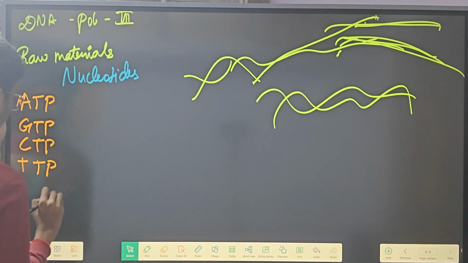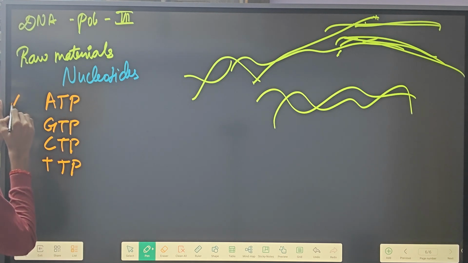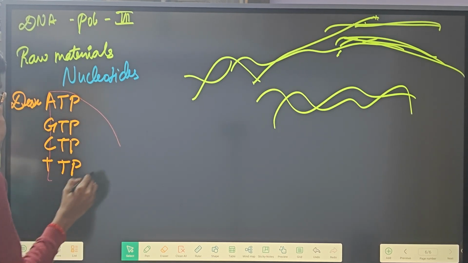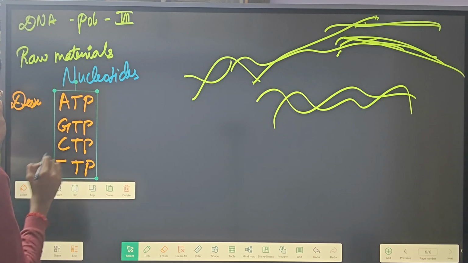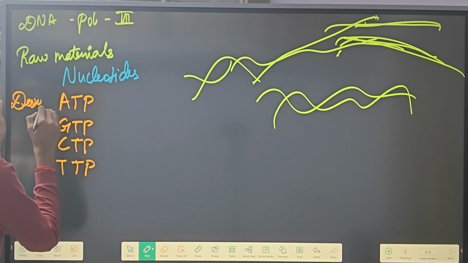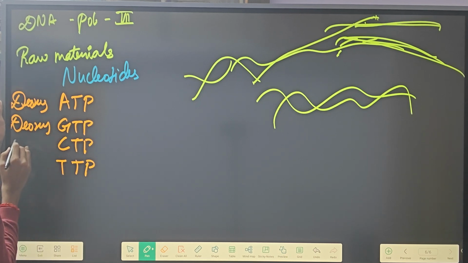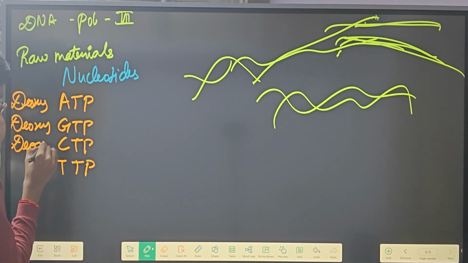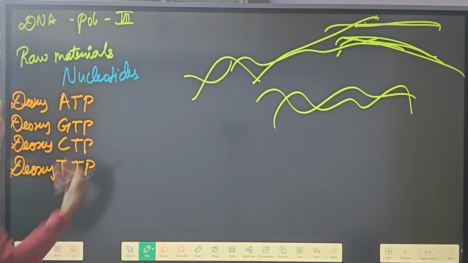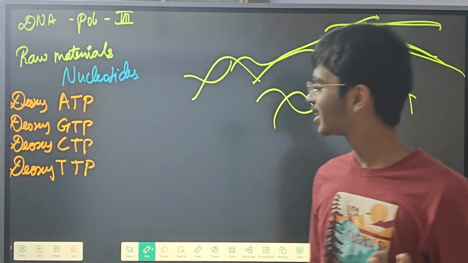Before that, you have to put the word deoxy: deoxy ATP, and so on. See how many are there? ATP, GTP, CTP, and TTP.